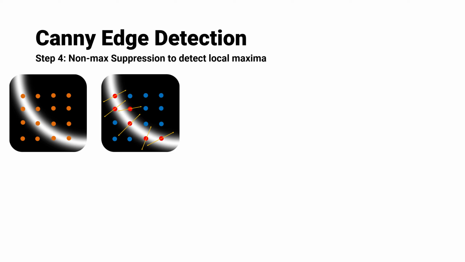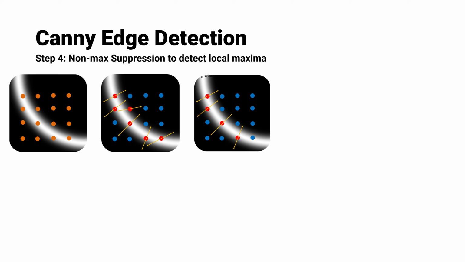So you take values on the edge, and depending on the orientation, you go on either side of the edge and look at whether the gradient value is higher than the red value. If it is, that is not an edge. If it is not, that is an edge. This essentially gives us a denoised version where we are only left with points where the gradient magnitude is highest at the red point and lower around it, which is great, and that's your local maxima.